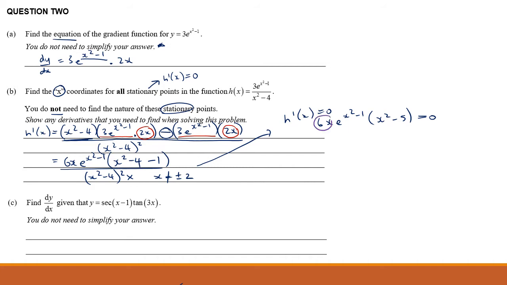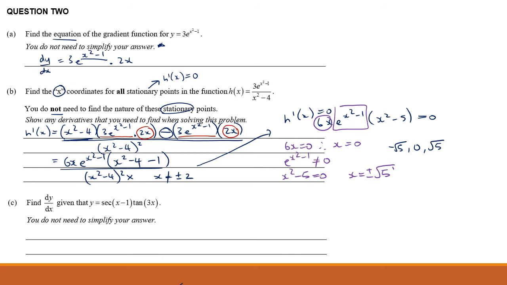You've got the 6x, so 6x can be 0, therefore x is 0. This part here could be 0, but actually e to the x squared minus 1 can never be 0, so I'll ignore that one. And then I've got x squared minus 5 equals 0, which solves to be x is equal to plus or minus the square root of 5. So my x coordinates are negative root 5, 0 and positive root 5.